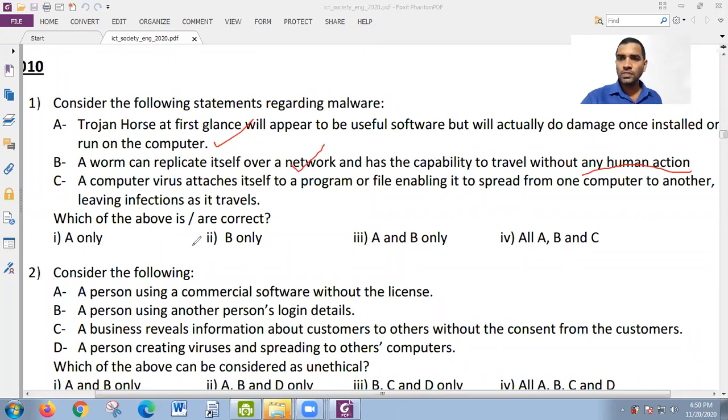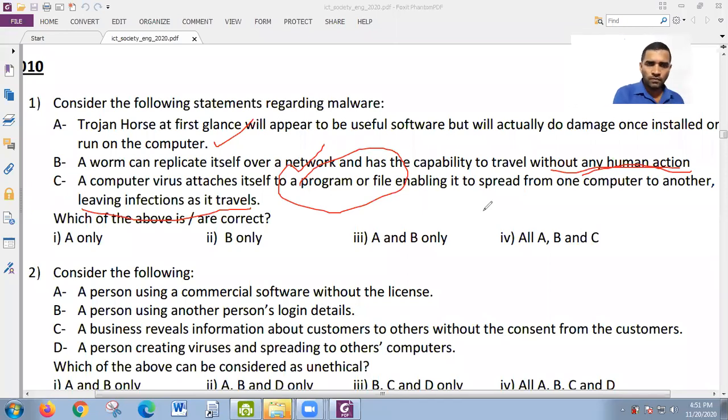Okay, but a virus can replicate, but it never spreads without user involvement, right? A computer virus attaches itself to a program or file, enabling it to spread from one computer to another, leaving infections as it travels. That is correct, right? As I mentioned just now, a virus never spreads alone. It attaches itself to a program or file and spreads to another computer through that file.